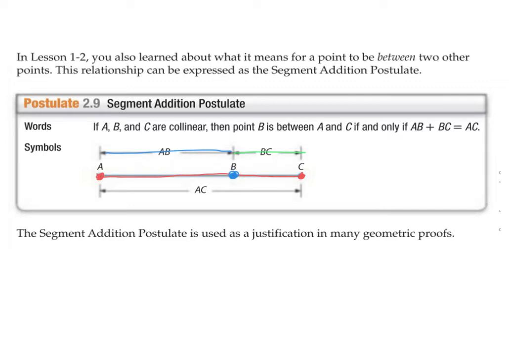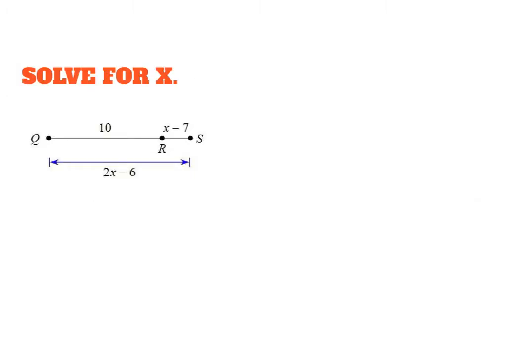So if I have a piece of a line and another piece of the line, I can add those up to get the larger line, and that's called segment addition. So using segment addition, I can basically solve for a given information using the given information.